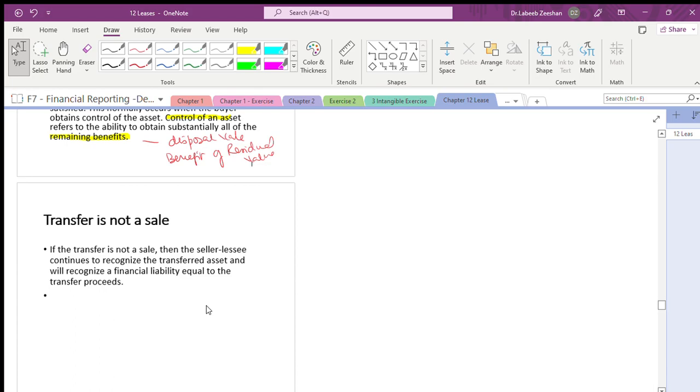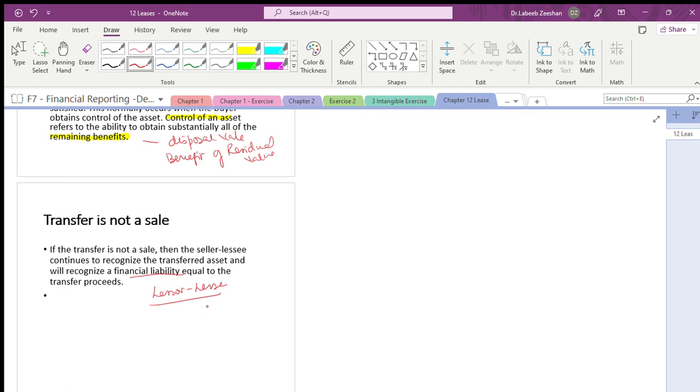If the transfer is not a sale, then the seller-lessee continues to recognize the transferred asset and recognizes a financial liability. There is no issue as such. If the transfer is not a sale, then we have a lessor and lessee relationship, and nothing more concrete. Only when it is a sale do we take the lease back.